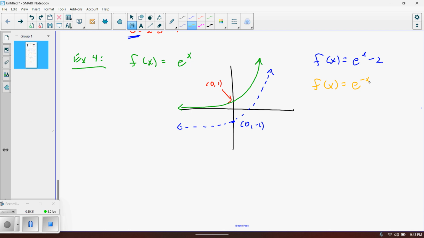So all that does is it takes the entire green one and reflects it over the y-axis. So now instead of getting steep on the right-hand side, it's going to get steep on the left-hand side. It's still going to go through 0, 1, but then it's going to start to approach the x-axis going the opposite direction. So that would be a reflection. This one here is a reflection over the y-axis.